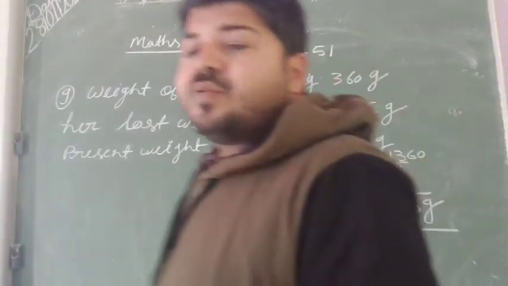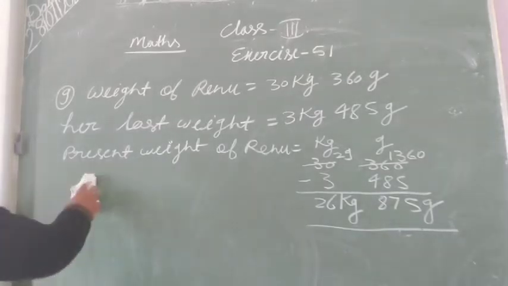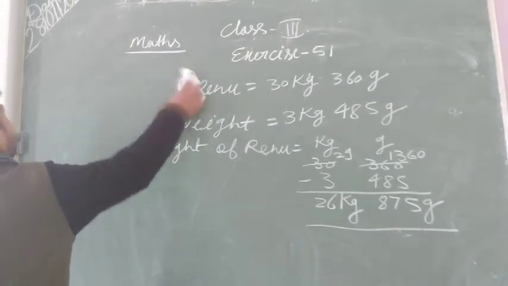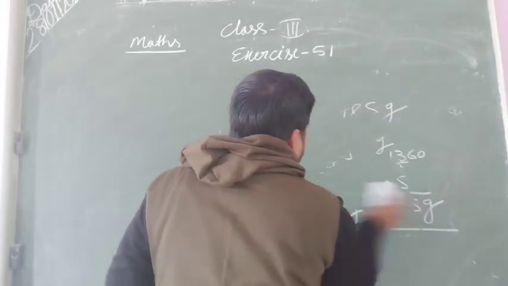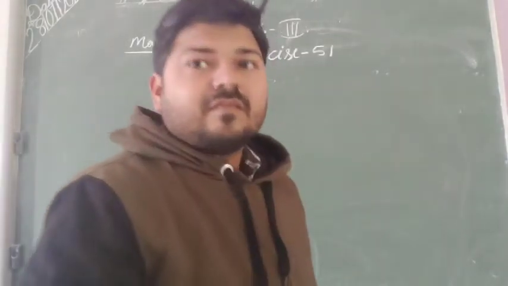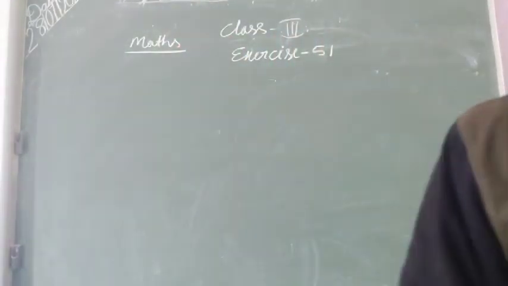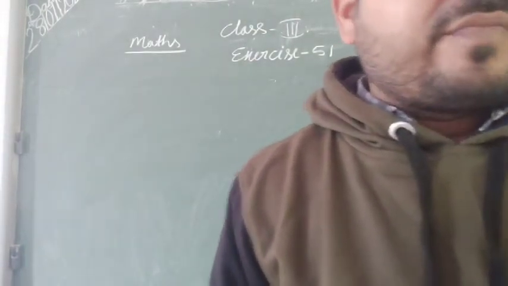Now I am going to explain you question number 12. Question number 12 is this. Preeti bought 12 kg 300 gram of sugar in the beginning of month.